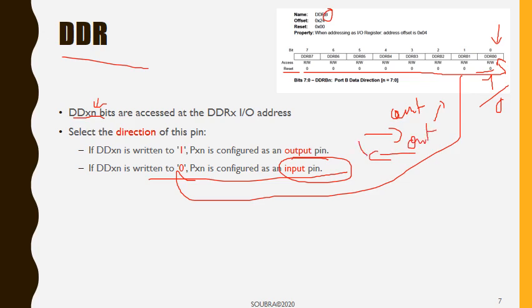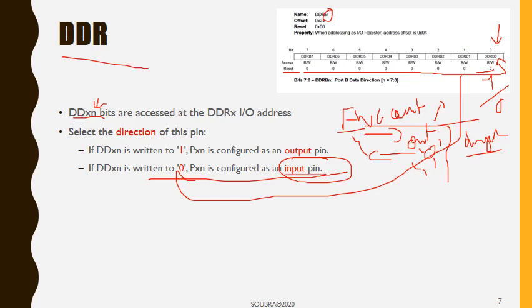Let's say that you're controlling an engine or something like that, and you're forcing everything to 0 or 1. This could be a dangerous situation. So the guys from AVR ATmega decided that they want to make the pins inputs by default.